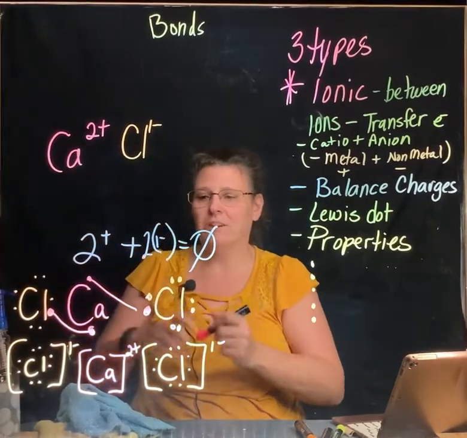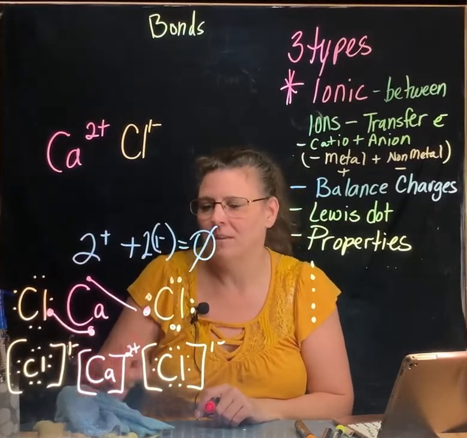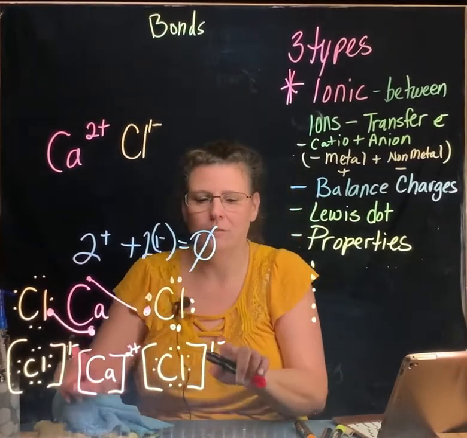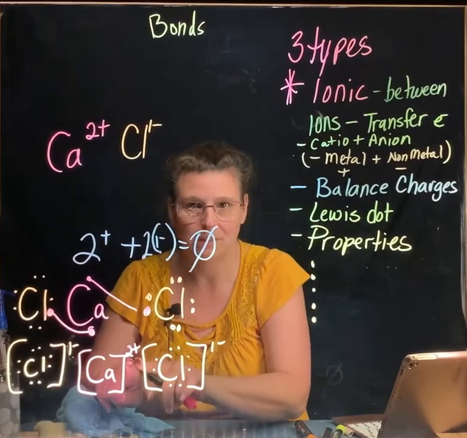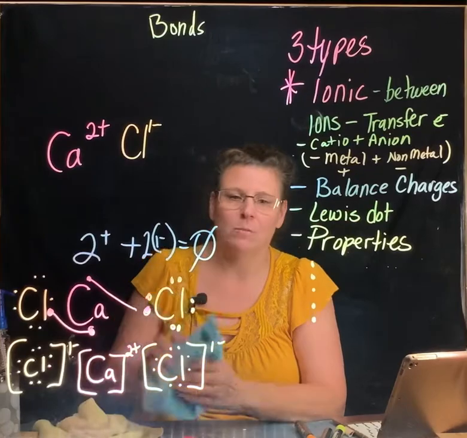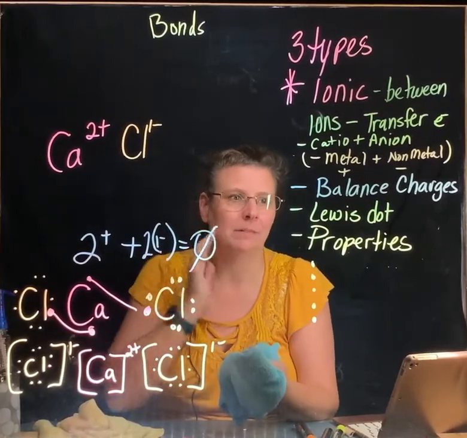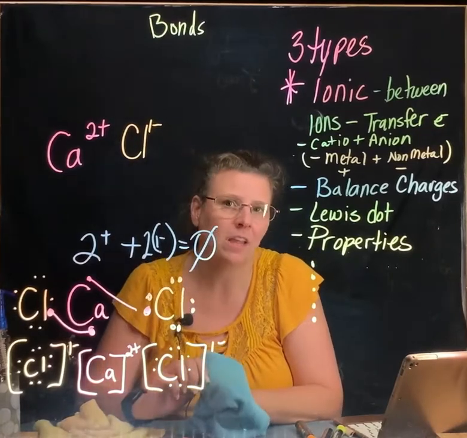So the charges are going to balance out. A negative 1, or 1 negative, 2 plus, 1 negative. You have 2 negatives and 2 positives. It balances out for a 0 charge. Okay, so this is kind of the idea behind balancing of Lewis dots. We'll do some more in class.